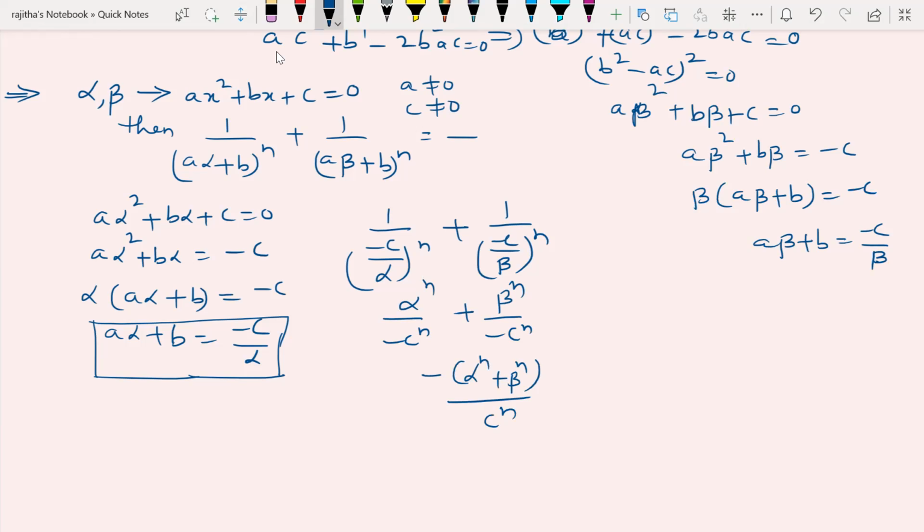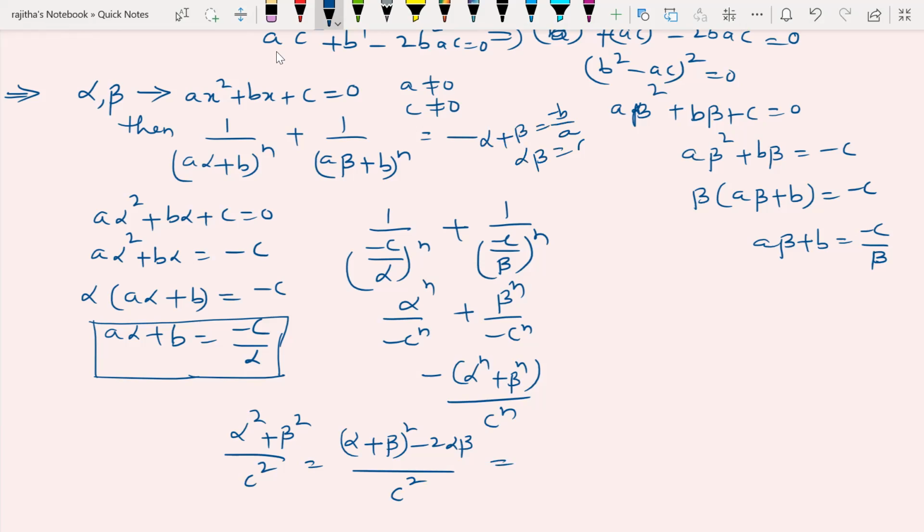Okay. Let us assume here n value I am assuming 2. Alpha square plus beta square by c square. That is alpha plus beta whole square minus 2 alpha beta by c square. So here, the sum and product of the roots you know very well: alpha plus beta is minus b by a and alpha beta is c by a.